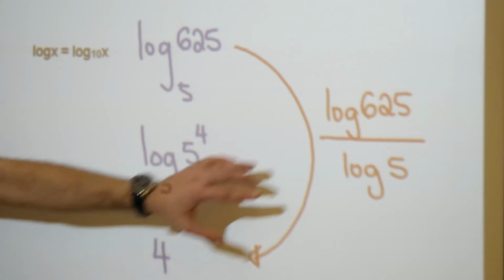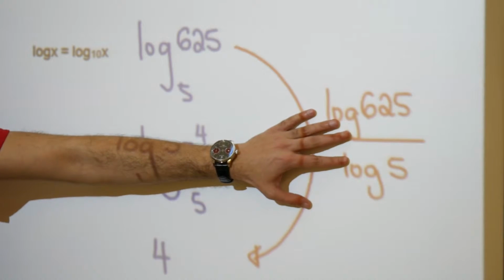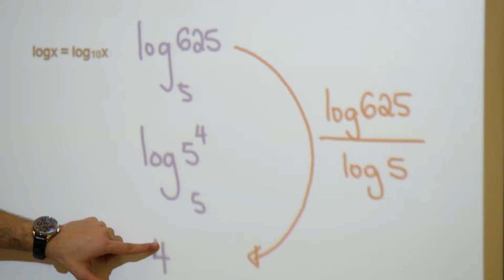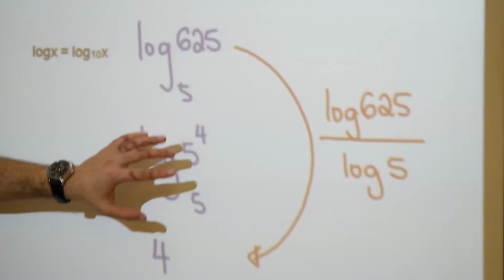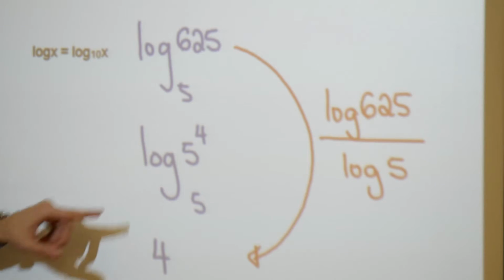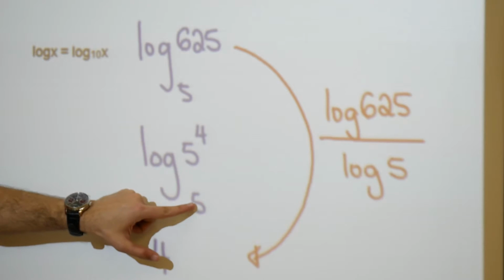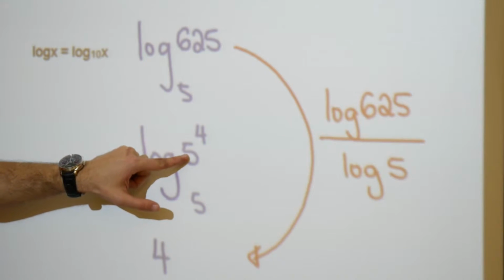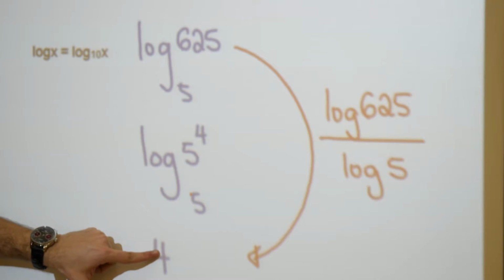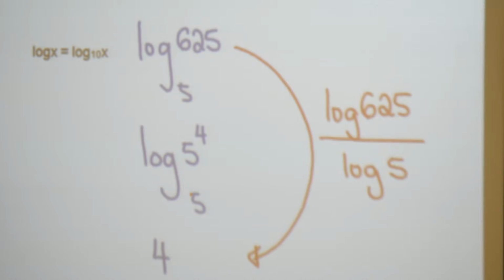Now, obviously, this is not something you will write on your exam because you're not allowed to use your calculator. Once you get the 4, you're going to write the middle term down. Now, the middle term will always be log of whatever the base here is going to be the same number here. These two numbers are always going to be identical, and whatever your answer is will always go there.